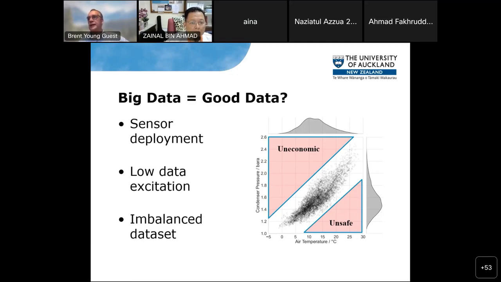But if you really want to understand how the plant is going to behave and when it fails or gets close to a failure case, you need to take a look at the fact that your data is imbalanced, and we need to rebalance that data so that the outliers have some weight. Then our models can reflect when we are heading towards the uneconomic region or the unsafe region.